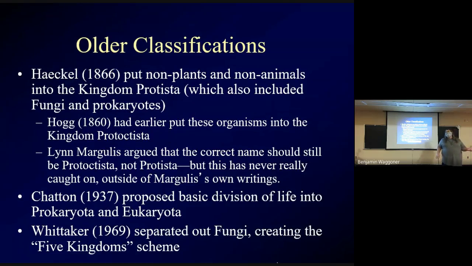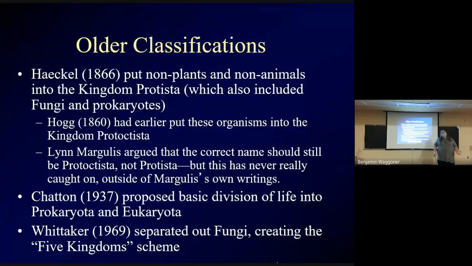By 1937, the basic distinction between prokaryotes and eukaryotes was worked out. So that splits off the bacteria and the archaea. And then a chap named Whitaker in 1969 took the fungi out of this protista and created the basic 5 kingdoms scheme.